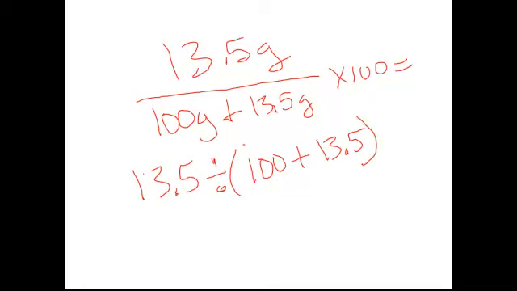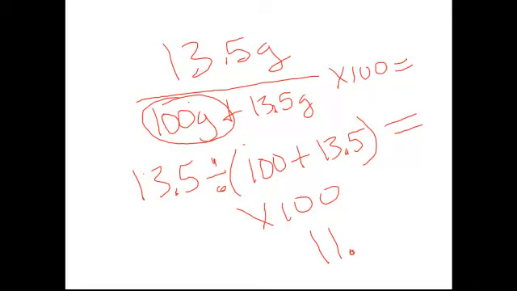I hit equals, and then I'm going to times it by 100, equals. Now I'm looking at my significant figures, 100, 3, 3, so I'm going to call that 11.9% as my final answer.